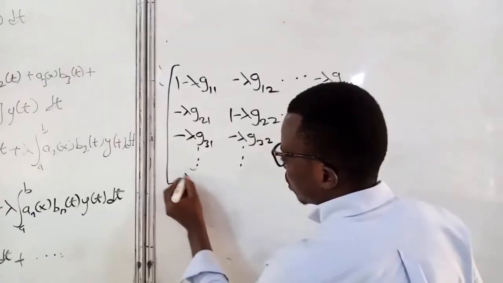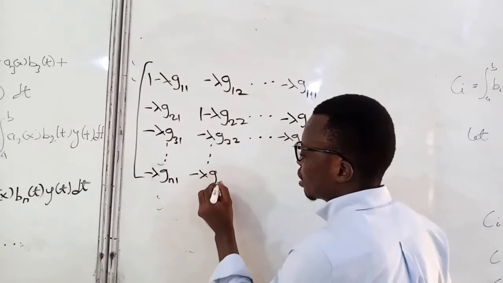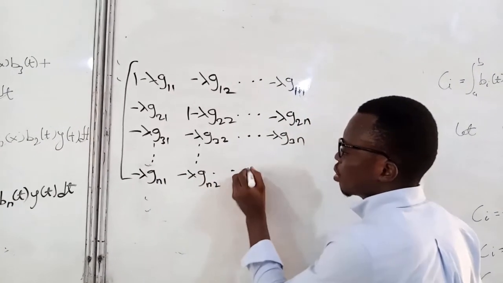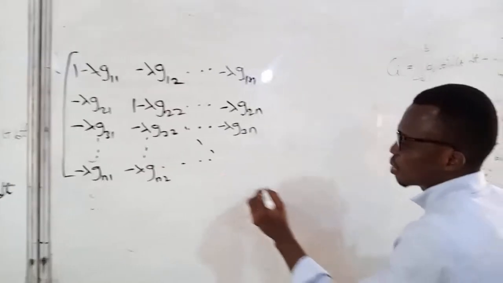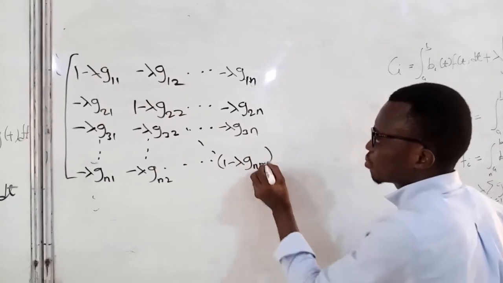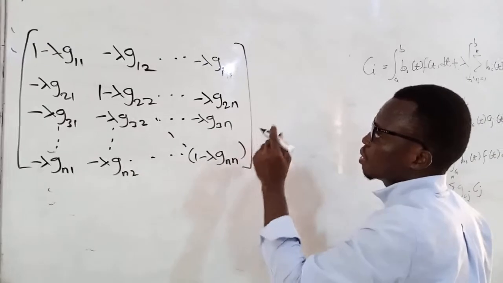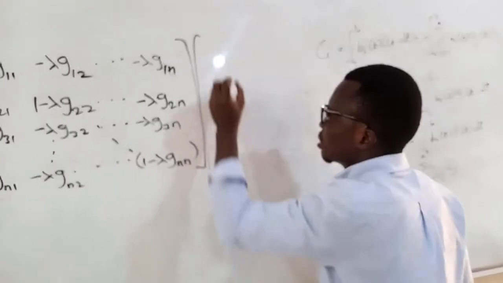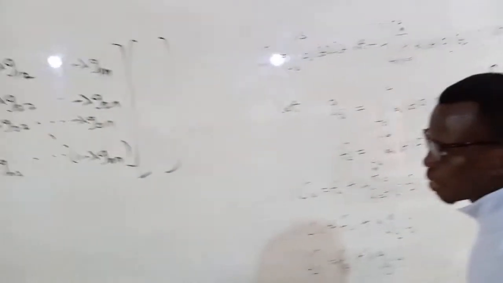So minus lambda jn1, minus lambda jn2, up to the last term, which is 1 minus lambda jnn. So in a big matrix, you can write our c's here: c1, c2, up to cn.